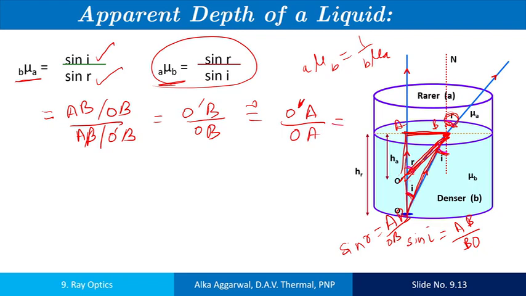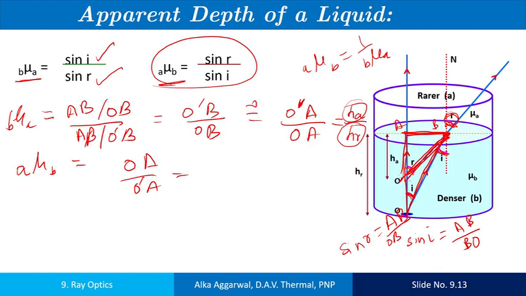So O dash A is equal to HA, the apparent depth, and OA is equal to HR, the real depth. So A mu B is equal to OA upon O dash A, that is equal to the real depth upon apparent depth.